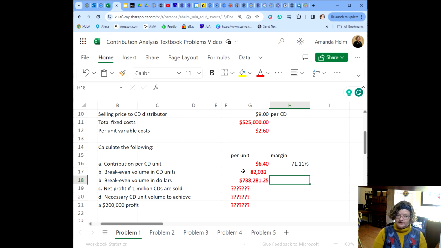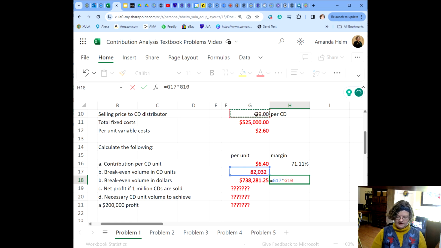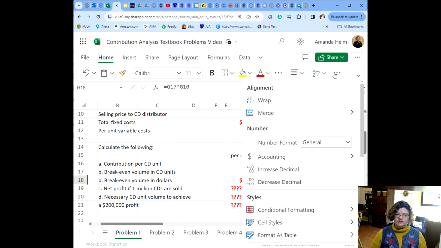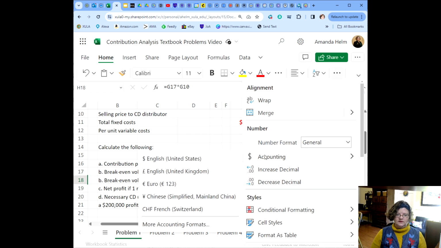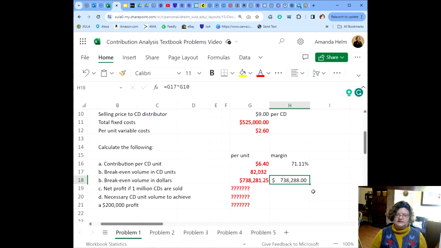So if I sold 82,000 CDs, how much money would I have coming in? We take our 82,000 times our $9 price per CD, and we get 738,288. Notice it didn't come out quite right, and that's because of rounding, because we would technically be a little bit short here.